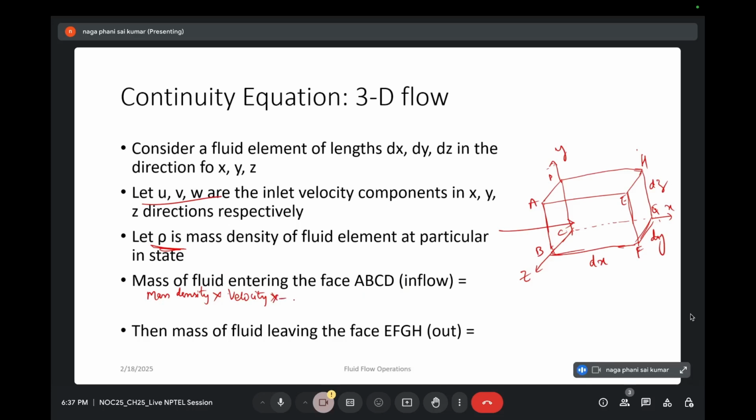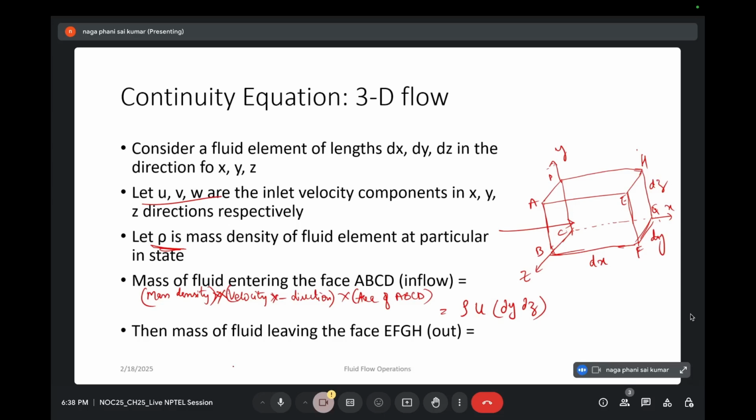So velocity in x direction into area of ABCD, face ABCD through which it is flowing. Okay, so this will be equal to rho into U into del Y into del Z. Okay, this is the area of this face, right?